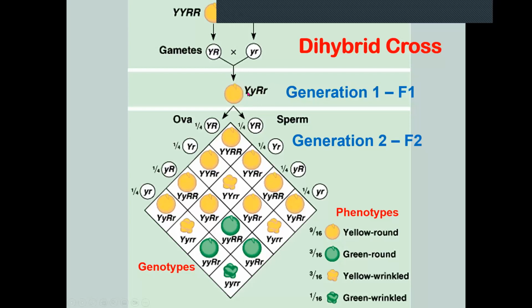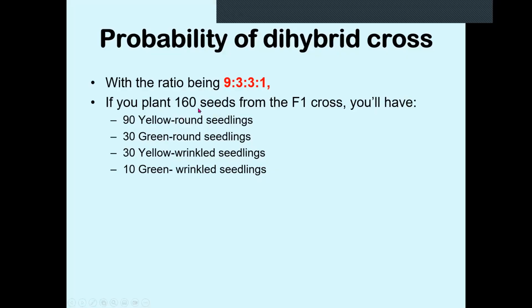And they're all big Y, big R, little r. So if you plant 160 seeds of those, you will end up mathematically with 90 yellow round, 30 green round, 30 yellow wrinkled, and 10 green wrinkled.